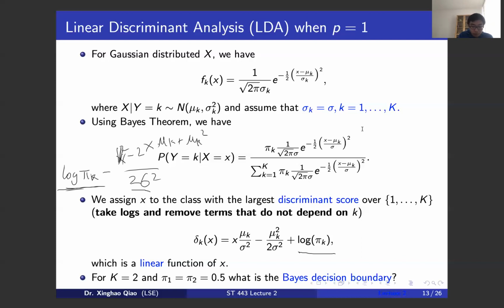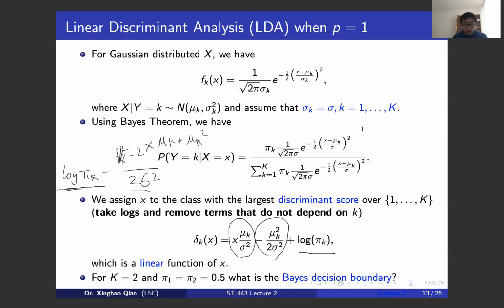The third term, 2 times x times mu k divided by 2 times sigma squared, is also a function of k, so it should appear. That term becomes x times mu k divided by sigma squared. And the last term is minus mu k squared divided by 2 times sigma squared. It is also a function of k, so we still keep it.